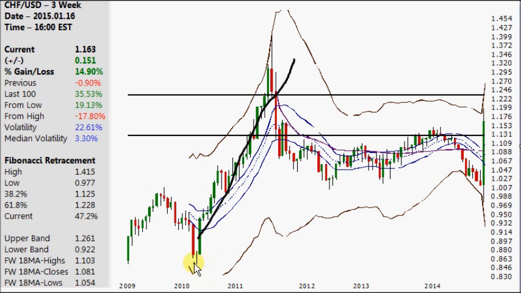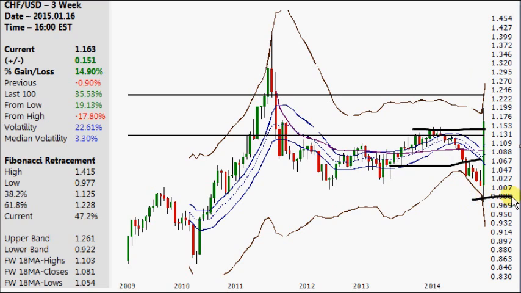This is 2010 going up to 2011, and all currencies were beating the US dollar in this situation. And then from 2011 on, the US dollar strengthened against other currencies. So now all of a sudden, breaking this resistance, it reverses itself back up again.